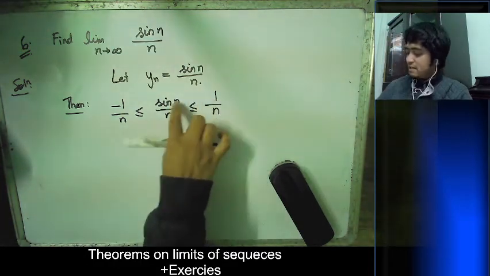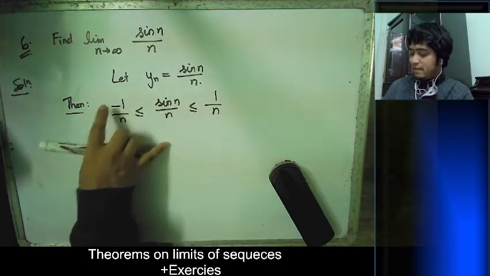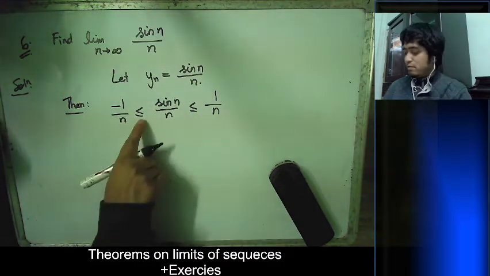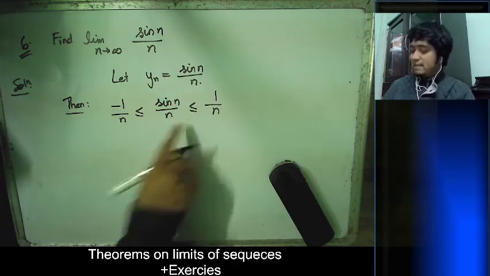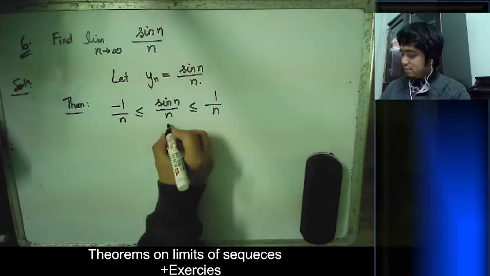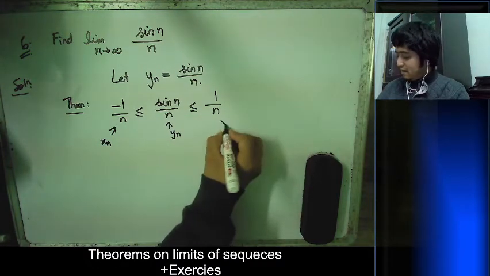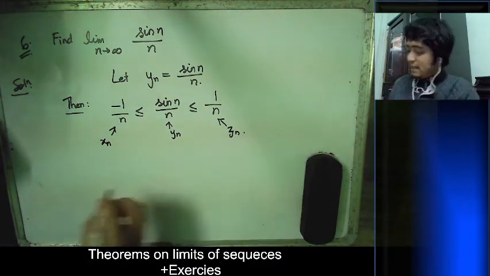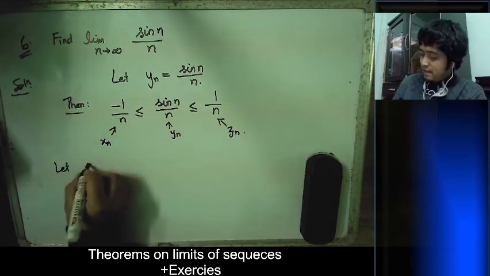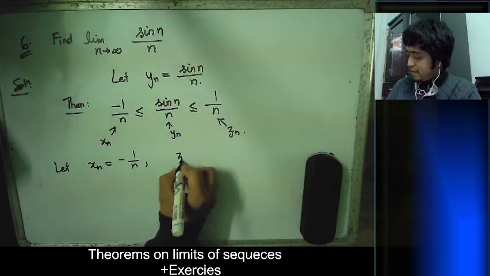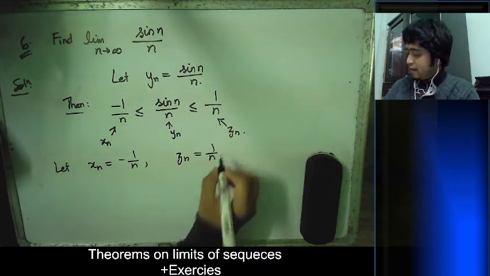Sine is always smaller than 1, and it is always bigger than -1, or it can be equal also. That's why less than or equal to. So this middle sequence is yn. This one, take it as xn. This one, take it as zn. Let xn equal -1 by n, and zn equal 1 by n.